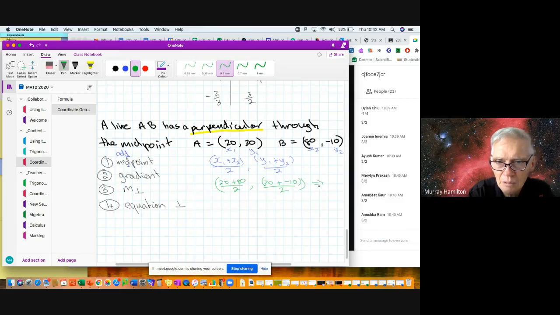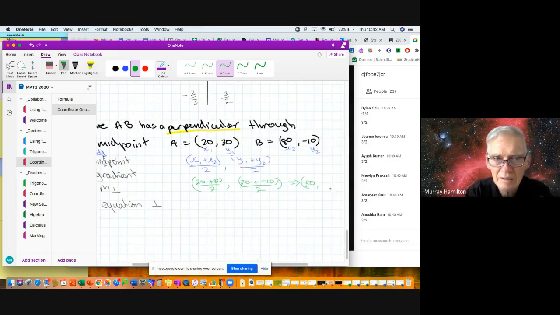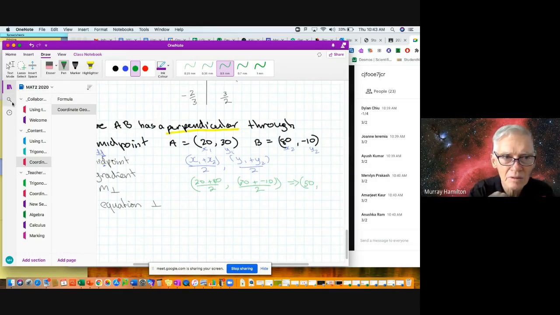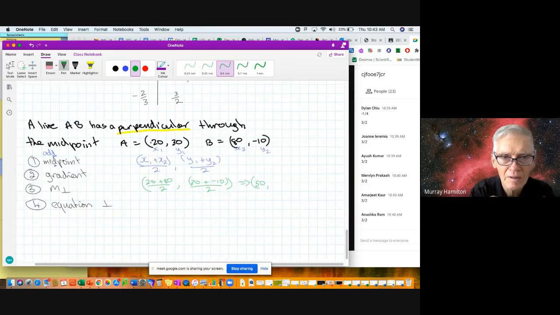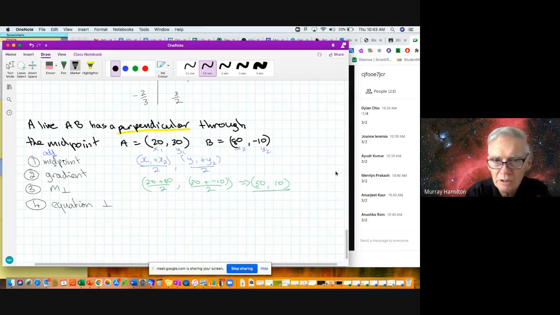So my midpoint is the point 50 and 10. So hopefully I've got my midpoint correct. There I've found the midpoint.